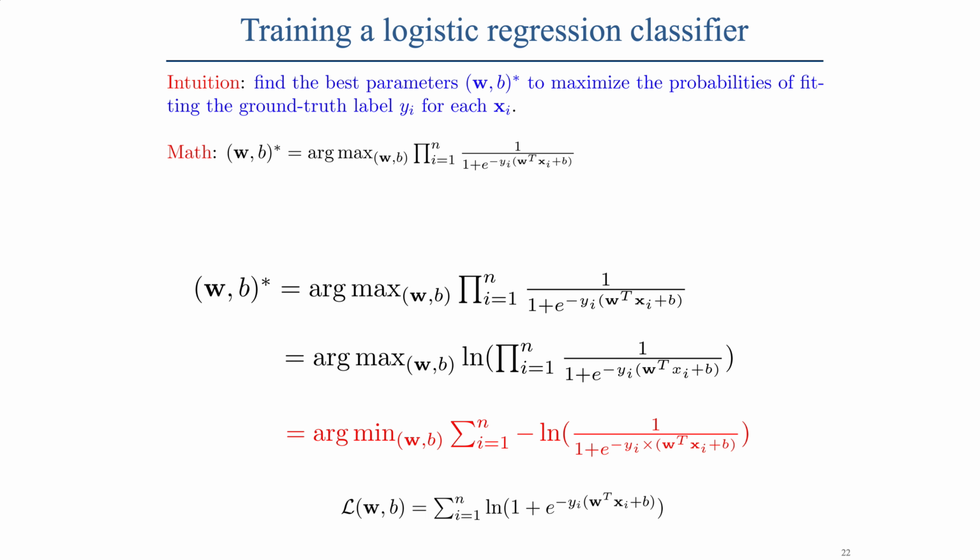So we can arrive at our final version of the loss function. We took this stuff to the -1, so the denominator goes up here because it's the -1 power. And so it's the natural log of 1 plus e to the -y times (wx plus b).